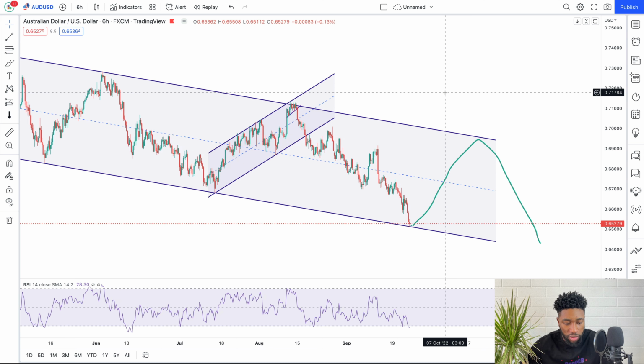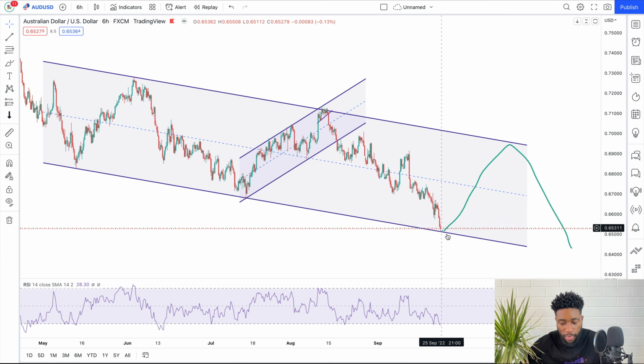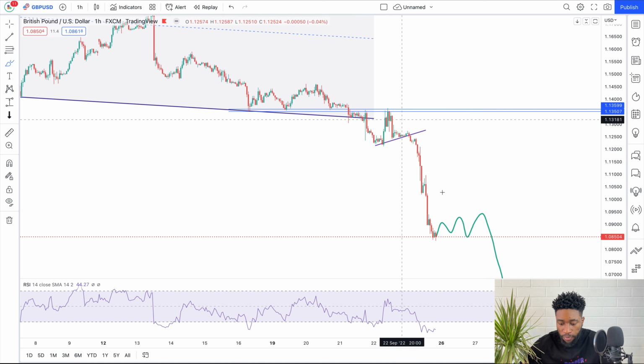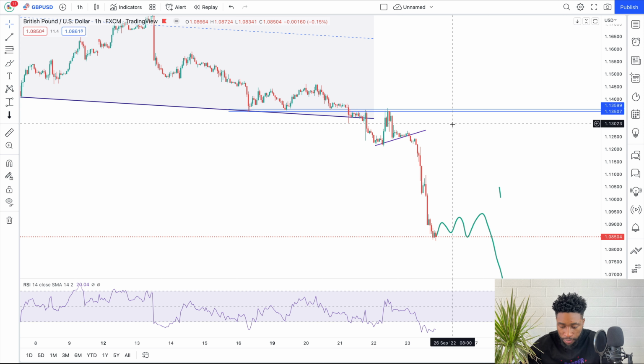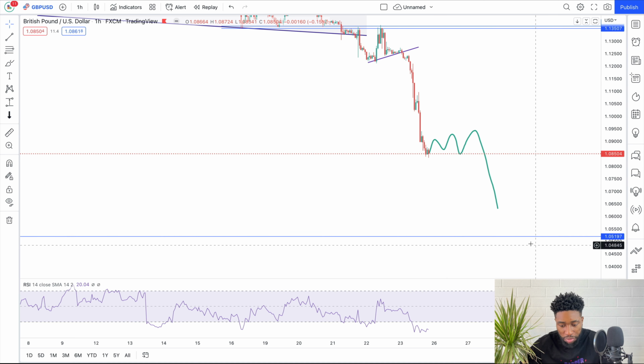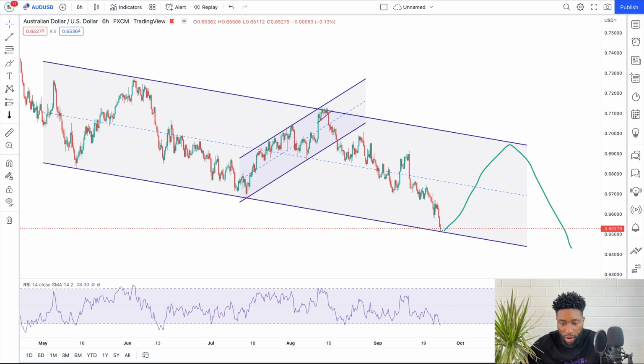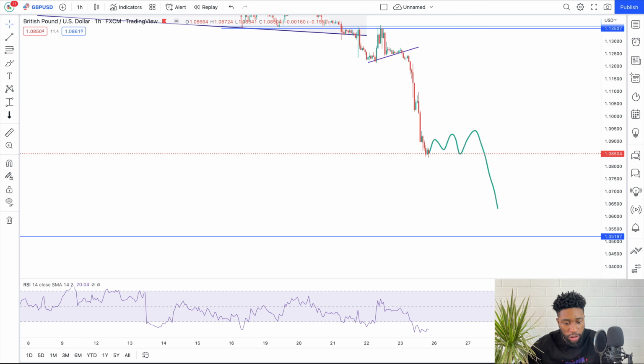Something also important to understand is that you can't be bullish on AUDUSD and be bearish on GBPUSD. Okay, so I'm going to go to GBPUSD and show you something. You can't expect to be bearish on GBPUSD, expecting price to come to these levels, while you are bullish on AUDUSD, expecting price to come to this level, because right now the US dollar is the major mover of the market, and we have the US dollar as the quote currency in AUDUSD, GBPUSD and EURUSD.